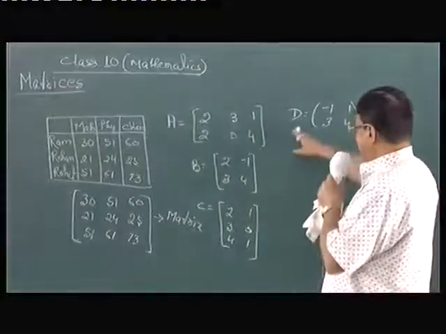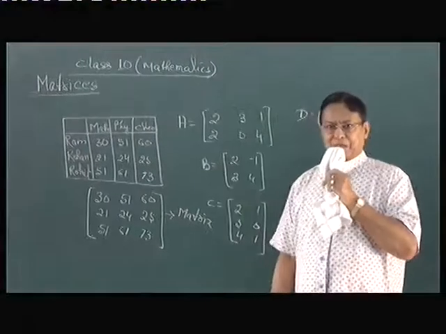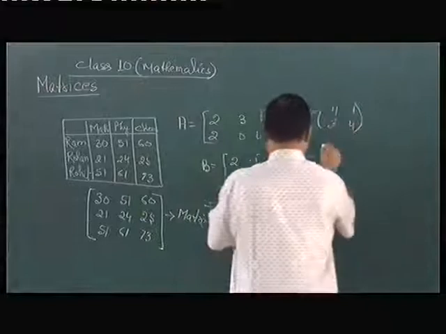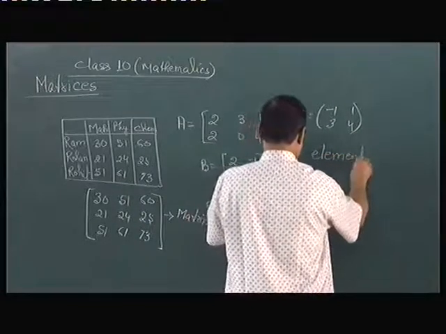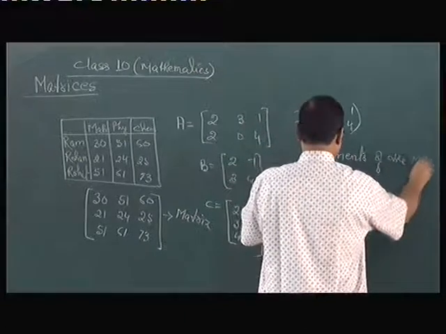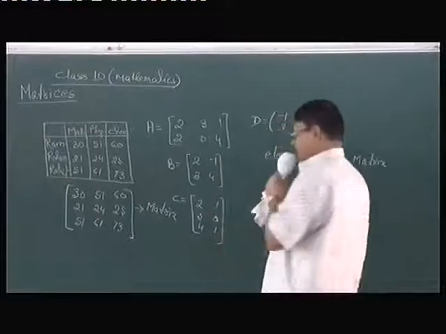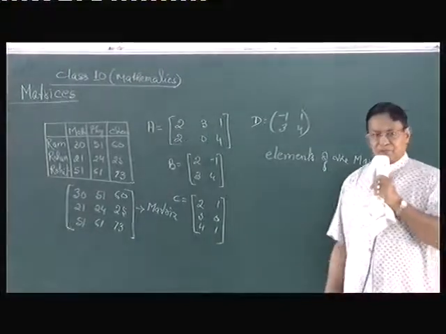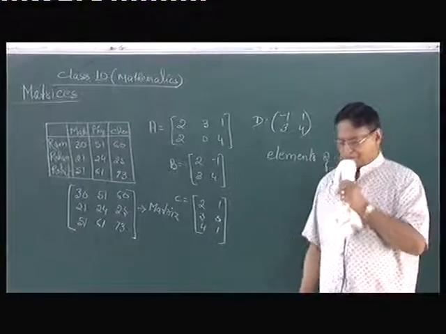And these numbers which we have written here are known as the elements of the matrix. So the numbers with which a matrix is formed are the elements of the matrices.